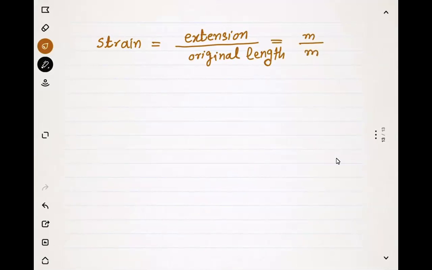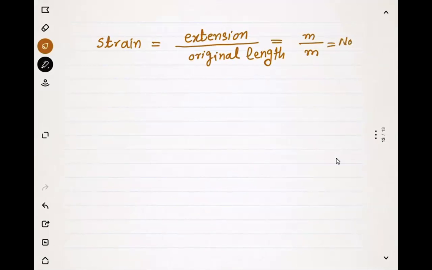Strain is actually extension over, not the extended length but the original length. It is extension over original length. Unit of extension is meter and unit of length is also meter.